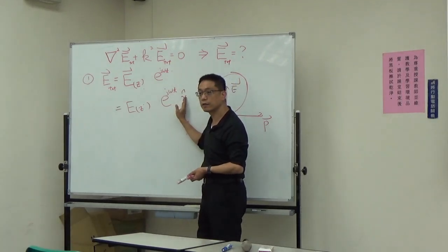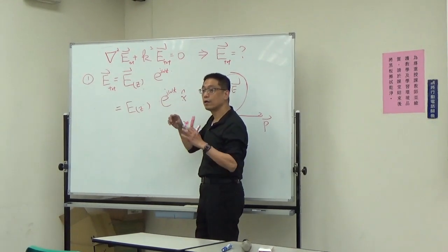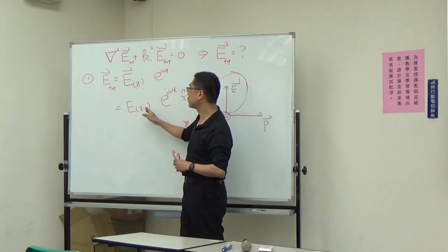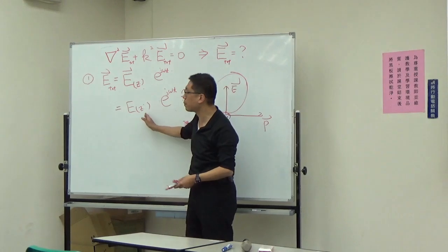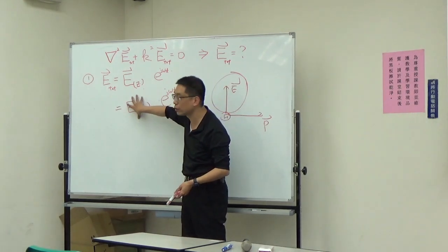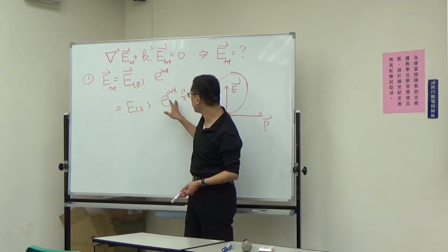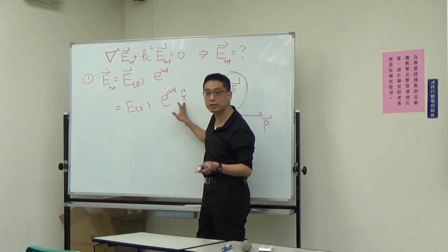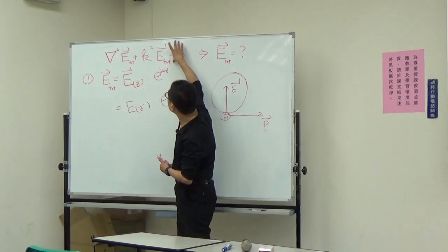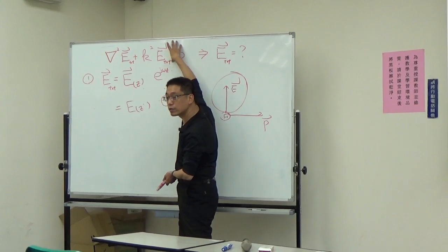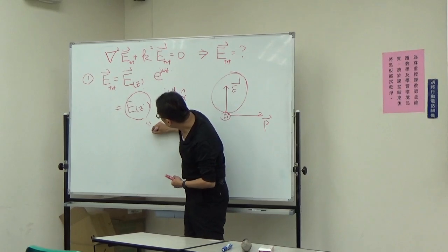Can you understand? Okay, we try to explain that by using the plane wave. So this one can happen, right? This is only the function of this one. And this will be the direction of only x, and we will explain why. How to explain that? Through this equation, the wave equation. We need to use this equation to explain.